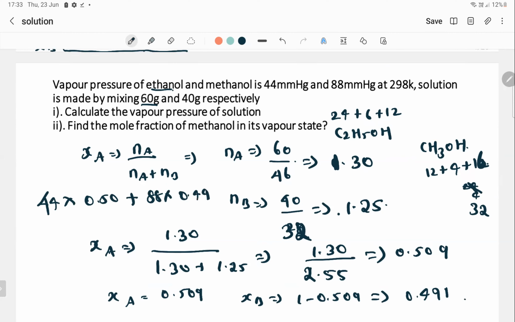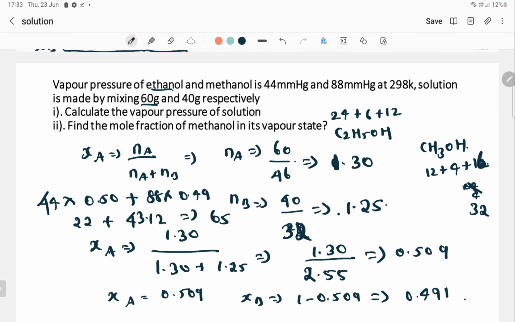So here your answer will be 44 into 0.50, 22. 88 into 0.49, 43.1. So it is around 22 plus 43.1, 65.